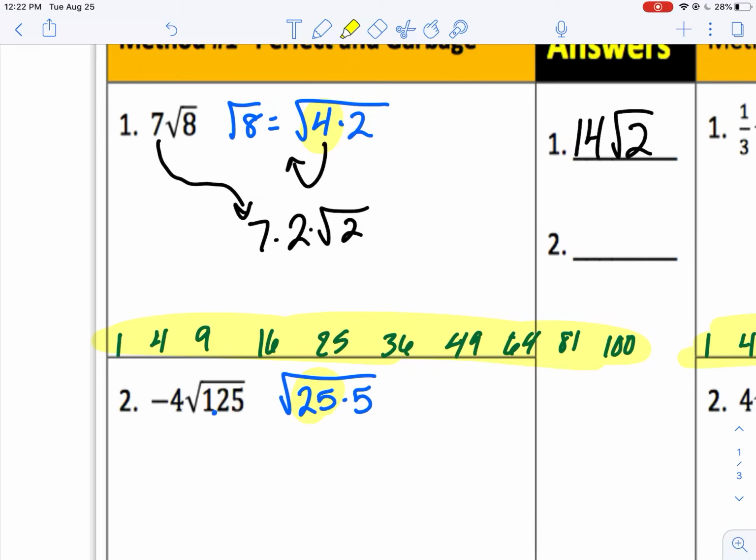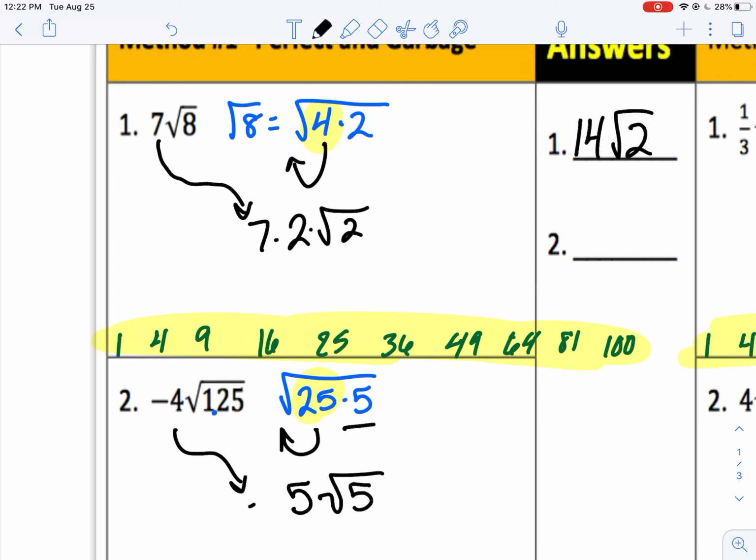So our next step here, looking at 25, got to break that down. I can take the square root of 25. So since I can take the square root of 25, I'll break that out. Square root of 25 is 5. And then left over is just my square root of 5. All right, so I've got that down, and then I have this negative 4.